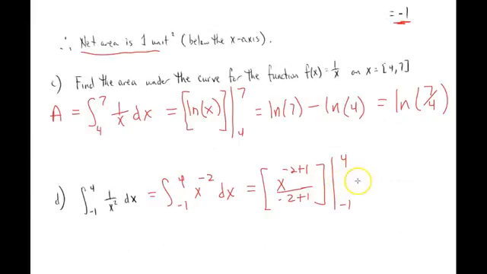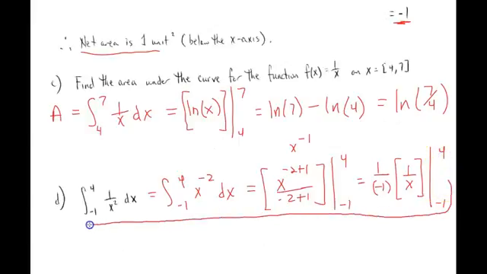And so if we're cleaning this up here, we know that negative 2 plus 1 is going to be a negative 1. And so 1 divided by a negative 1. I'll put it like this. 1 divided by a negative 1. Factor that out. And this here would just be x raised to the negative 1, which we know is just another way of saying 1 over x. And we will evaluate that from negative 1 to 4.